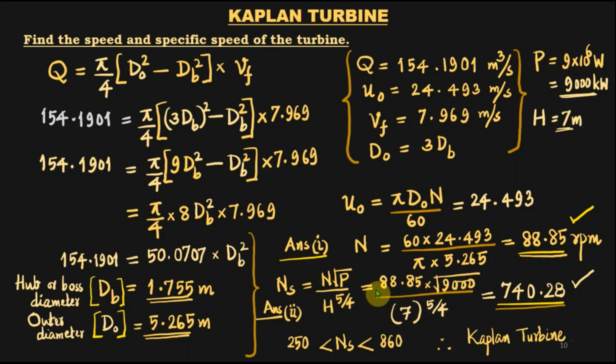So if you substitute it, then you will get specific speed as 740.28. We already know that for an axial flow reaction turbine, the dimensional specific speed ns ranges between 250 and 860. Since the specific speed is between 250 and 860, of course this is an axial flow reaction turbine, which in this case is Kaplan turbine.